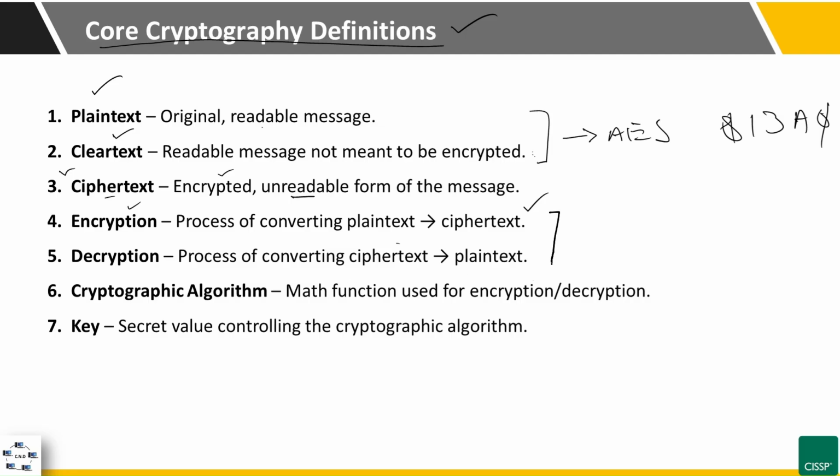When we do encryption and decryption, we do it through cryptographic algorithms such as this one. AES is an example of a cryptographic algorithm. A key is the secret value controlling the cryptographic algorithm. When we encrypt messages, text or data, we use the algorithm plus a key length.